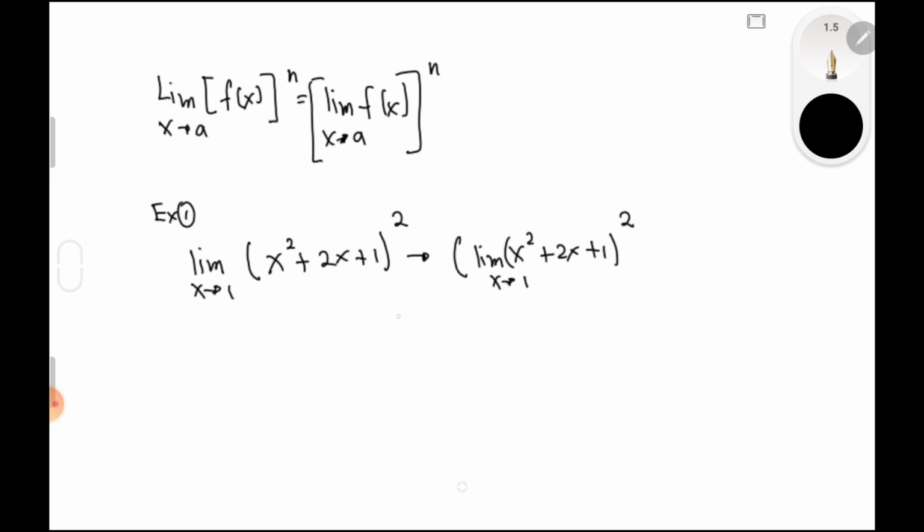So therefore, it can be equal to 1 squared plus 2 multiplied by 1 plus 1, squared. So we have 1 plus 2, 3 plus 1, we have 4. So the limit is equal to 4 squared. So it can be rewritten into 16.